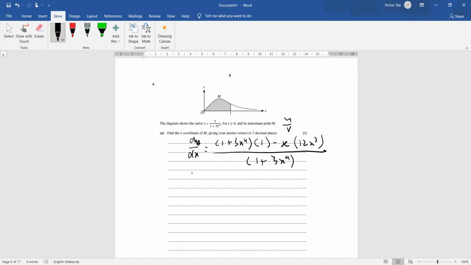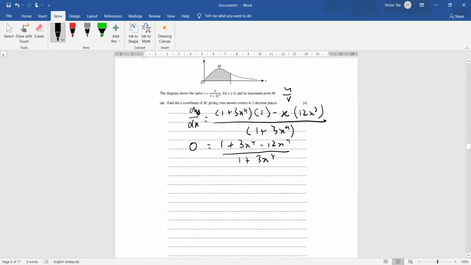Okay, so finding the maximum, dy/dx is 0. So the numerator will be 0.